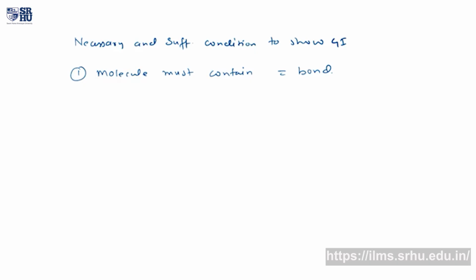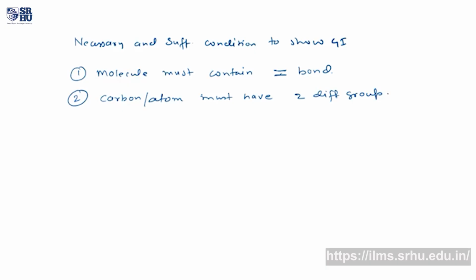Point number 2: in geometrical isomerism, the carbon atom which we are considering must have two different groups.